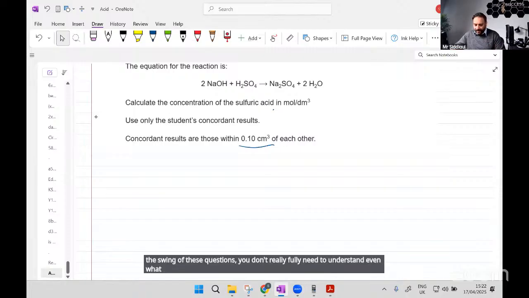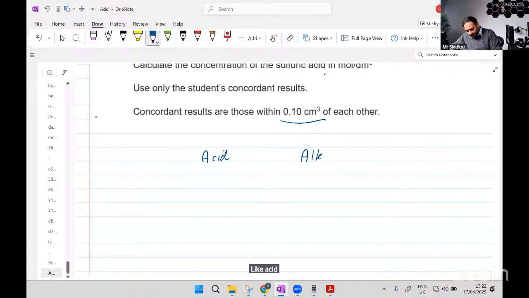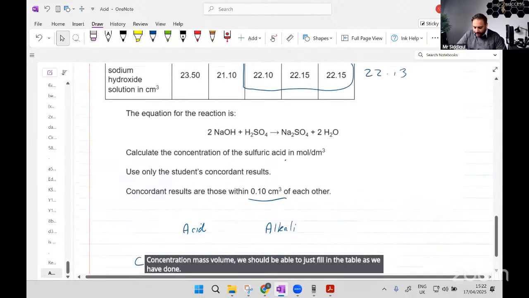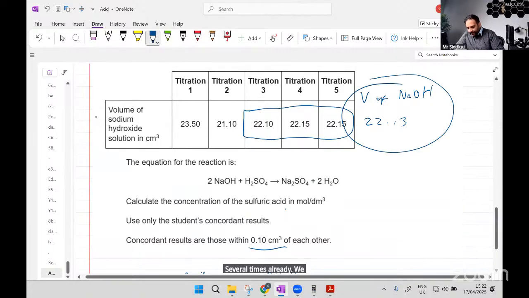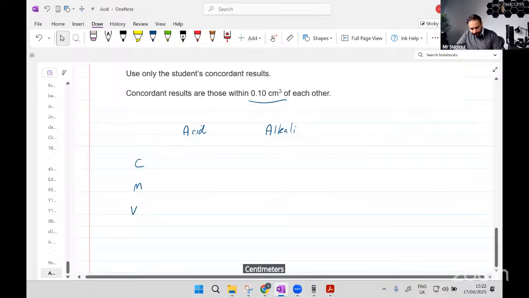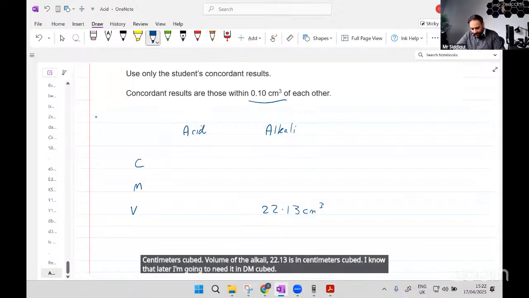If you set it out, as I said, like acid, alkali, concentration, mass, volume, we should be able to just fill in the table as we have done several times already. We know the volume of the alkali we're using is 22.13 centimeters cubed. It's in centimeters cubed. I know that later I'm going to need it in dm cubed, so let's divide it by 1,000 now.